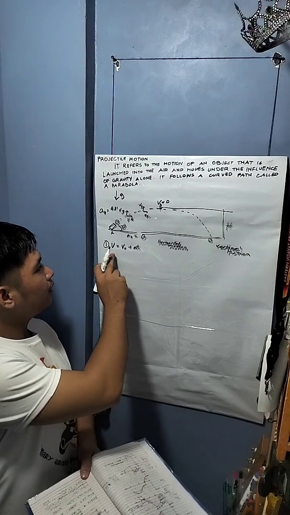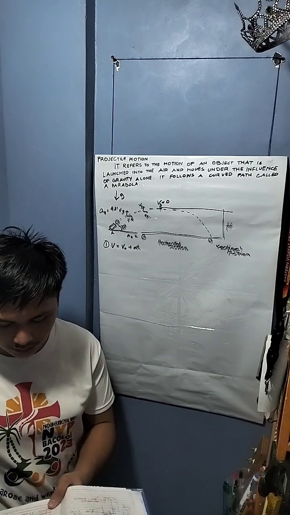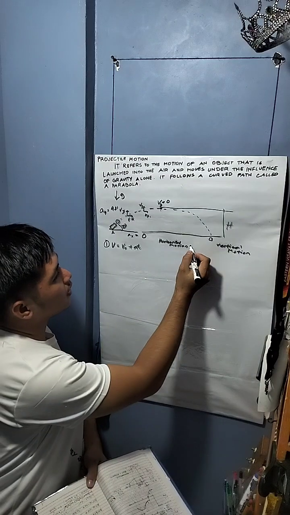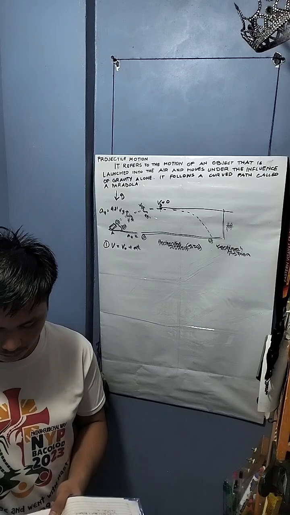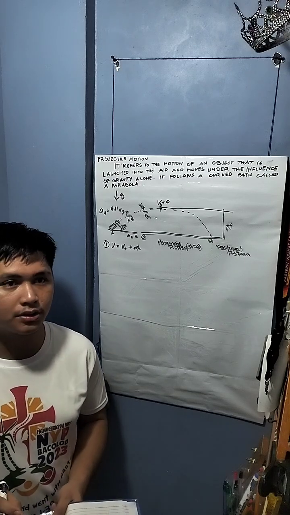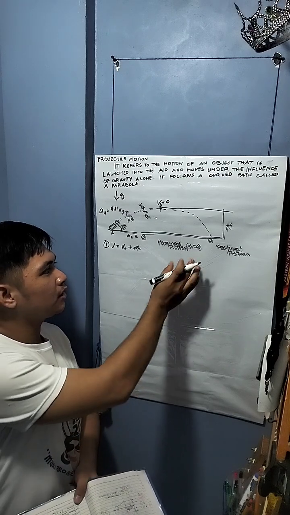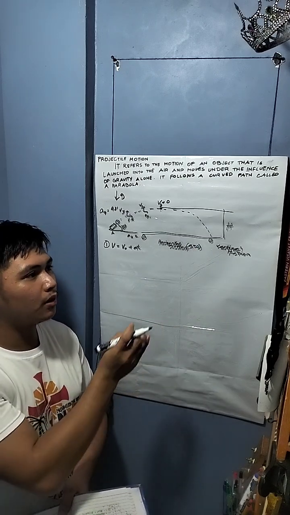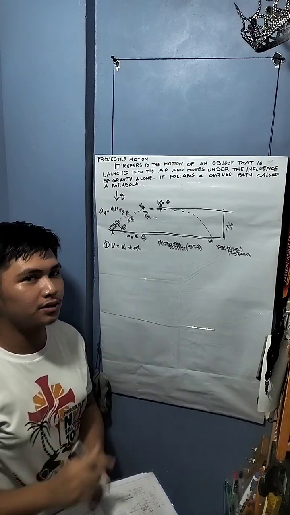Firstly, we have the velocity at the horizontal motion. As shown, a is equal to 0. It is always 0 because there is no air resistance that could possibly change the acceleration.